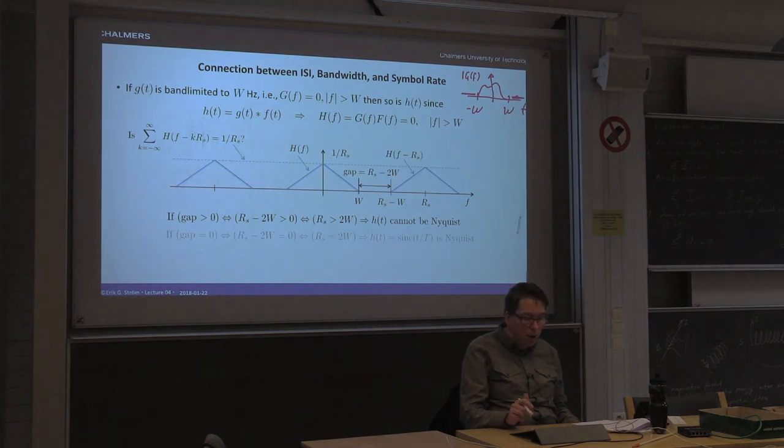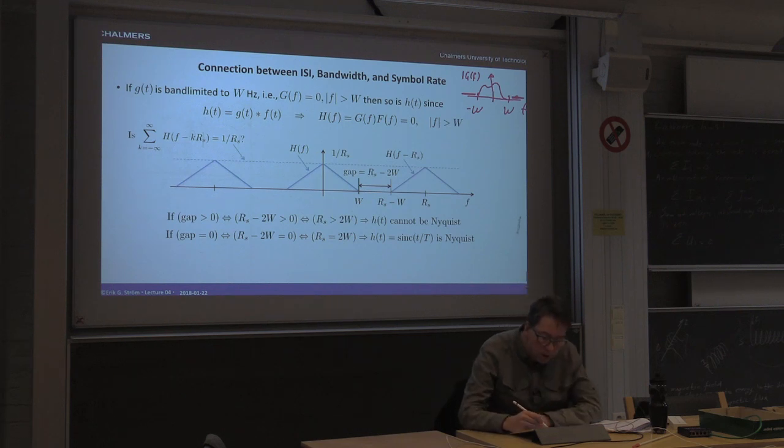If the gap is equal to 0, that is, Rs minus 2W is equal to 0, or Rs is equal to 2W, then we can get intersymbol interference-free transmission. So what does zero gap mean? It means that these two points merge, right? So what blue curve can produce a constant function when we add all the pulses together?